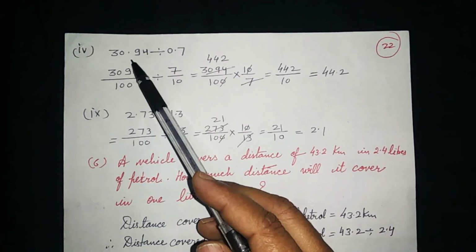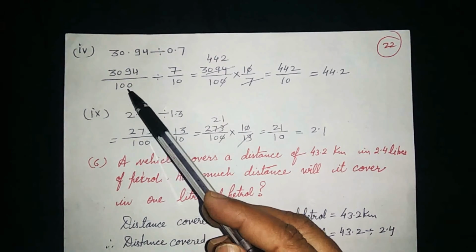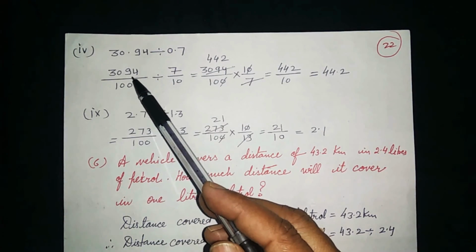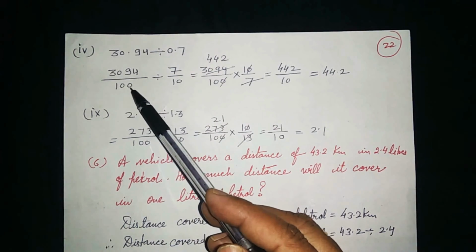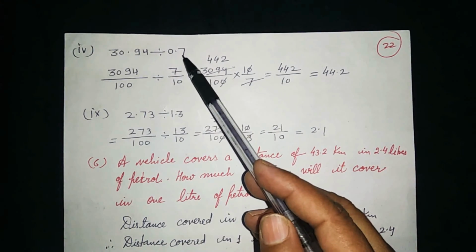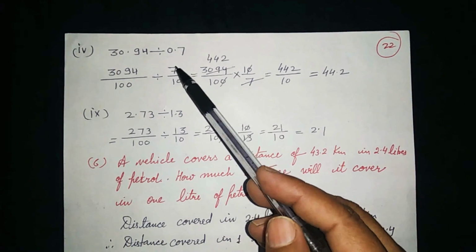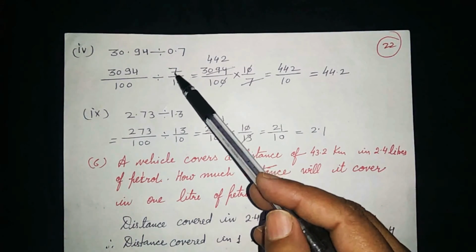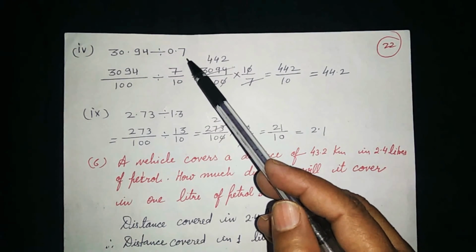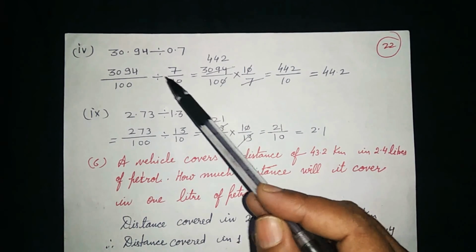For 30.94 we will write 3094 upon 100, because after the decimal we can see 2 digits. So we will divide it by 100. And 0.7 in fraction, how will we write? 7 upon 10, because after the decimal there is only 1 digit.